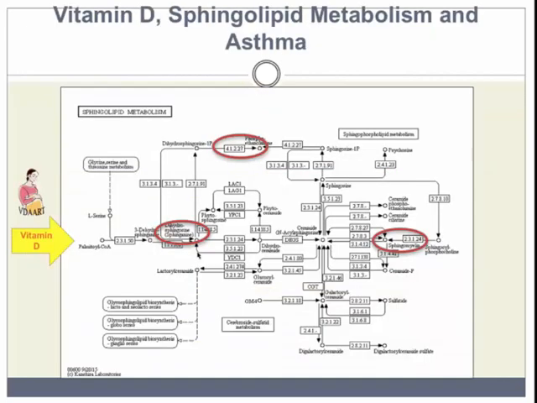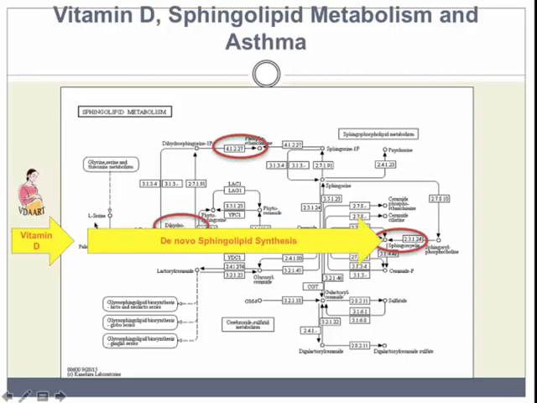So at the end of the day, what is this showing us? Well, here's vitamin D in the pregnant mothers. It's operating on this pathway, and we've now identified various metabolites in the Sphingolipid pathway that seem to be important in the development of asthma or the prevention of asthma.